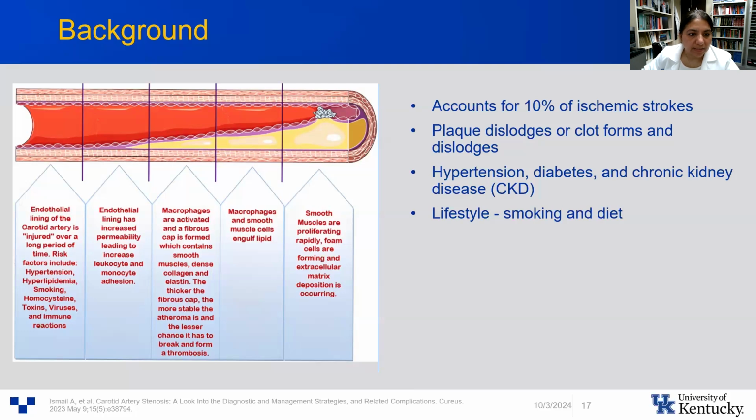Once your endothelium is damaged, it paves the way for macrophages and leukocytes to infiltrate the endothelium and cause changes which lead to increased collagen and elastin production and formation of a fibrous cap. In addition, there can be fat deposition or even hemorrhage and ulceration within this plaque, which can lead to formation of a thrombus on the ulcerated plaque. These superimposed thrombi can migrate and embolize into the intracranial circulation, causing acute ischemic stroke.